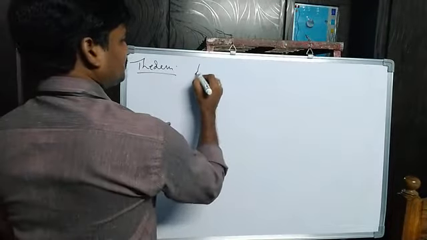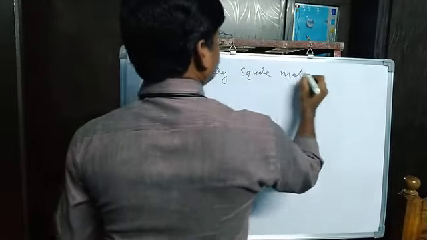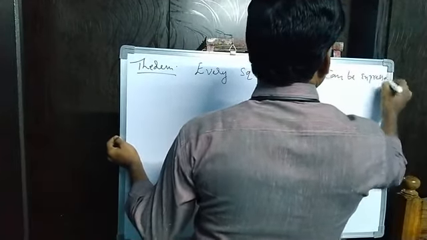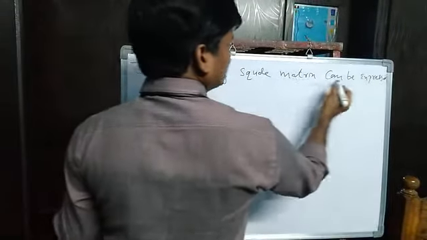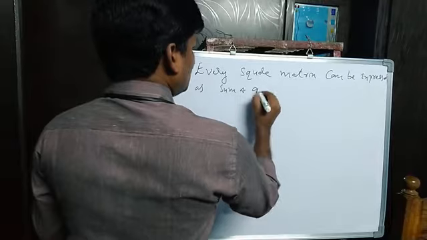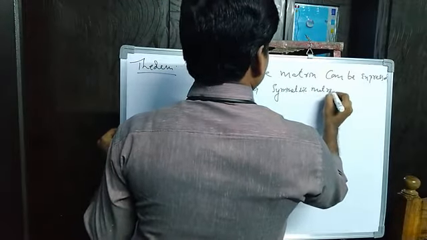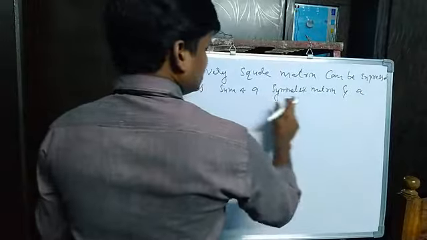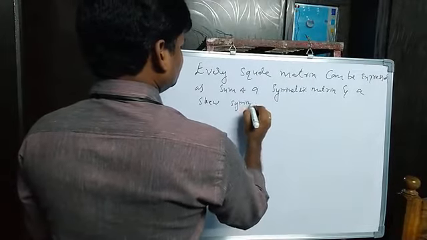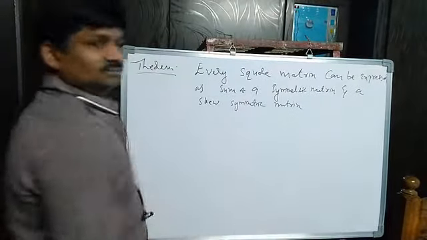Every square matrix can be expressed as the sum of a symmetric matrix and a skew symmetric matrix. Okay, just read the theorem.